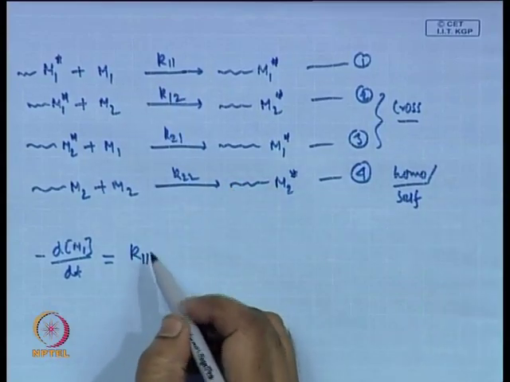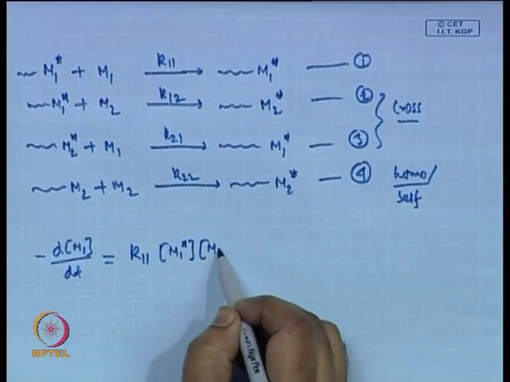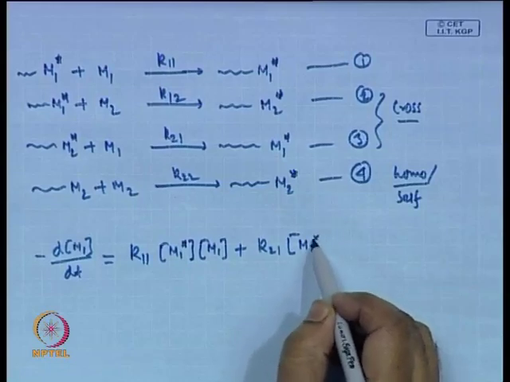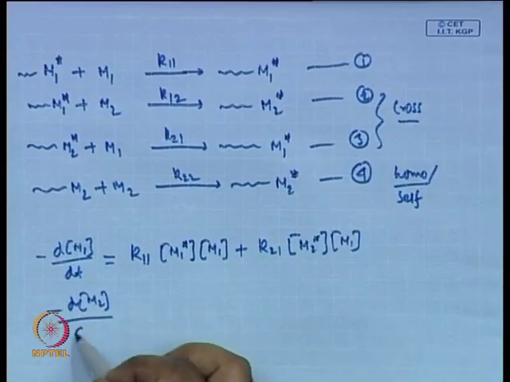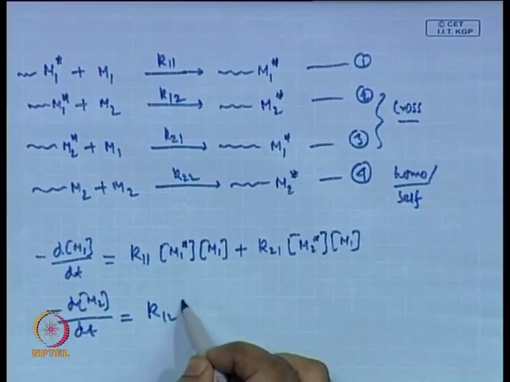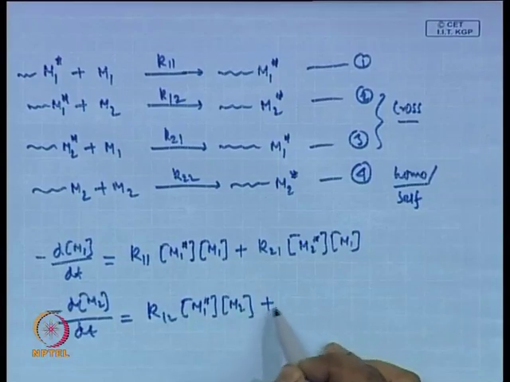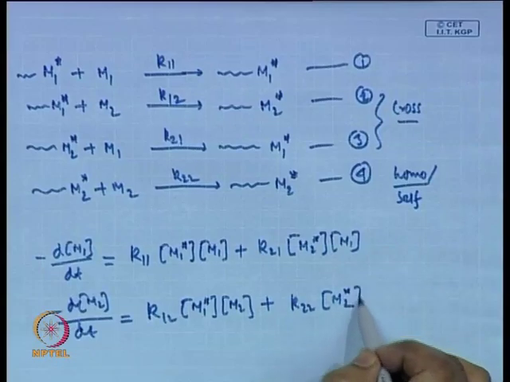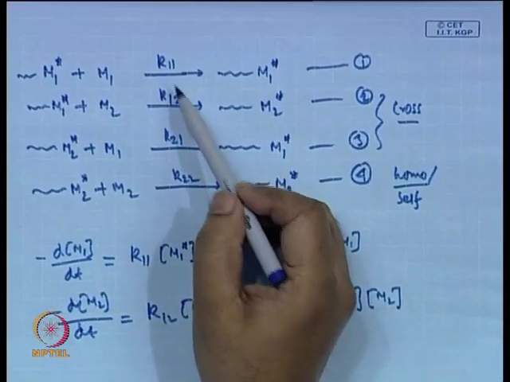So, you write K11 M1 star M1 plus K21 M2 star M1 and K12 plus K22 M1 star M2 star M2. Now, how to look at these rate constants?